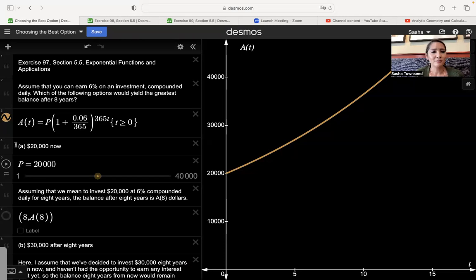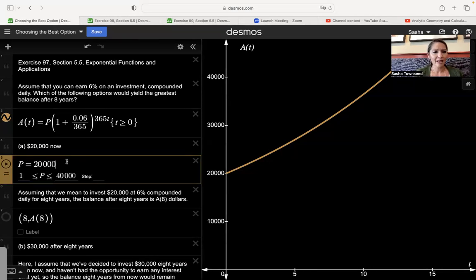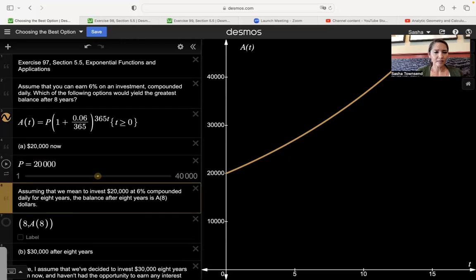So what that means to me, and it's a little bit open to interpretation, is that our investment is $20,000, and we want to know how much the balance would be 8 years from now if we're earning 6% on that $20,000, and that 6% is being compounded every day. So I type P equals 20,000, and we have already entered the interest rate 6%, and that n equals 365 for compounding the interest daily.